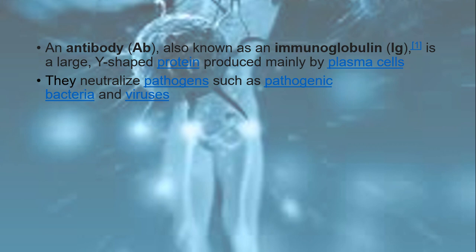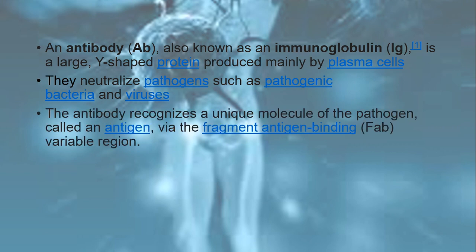So when they enter the body, the antibodies can bind to them and neutralize them. That is to mean it prevents them from targeting special cells and reaching into these cells. The antibody recognizes a unique molecule of the pathogen, which is known as the antigen. As we said before, it is actually the epitope of the antigen, to be more precise.